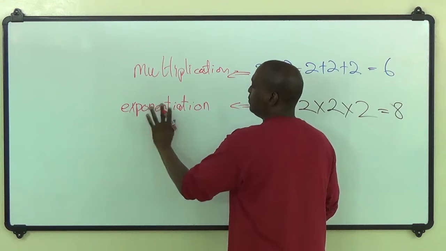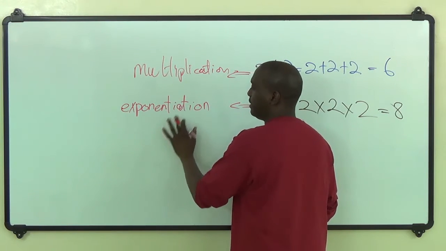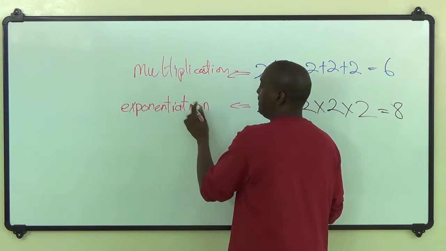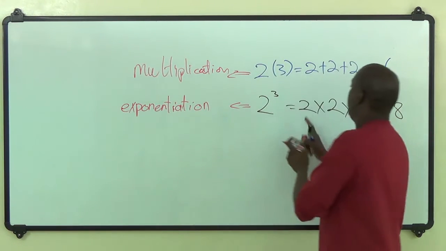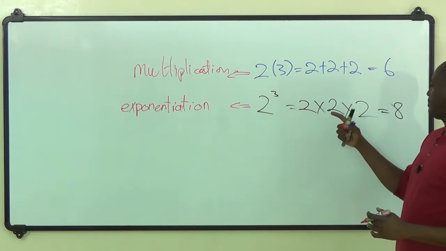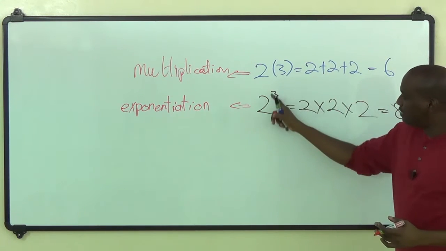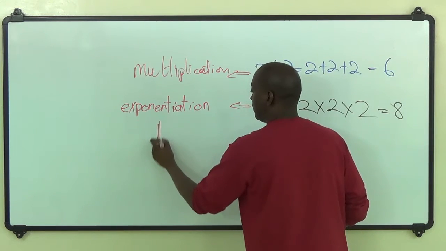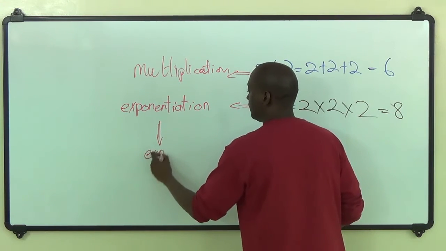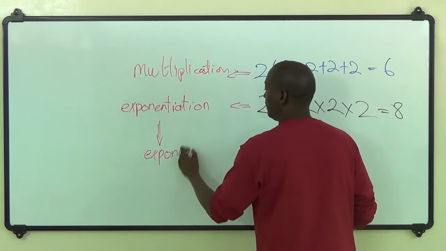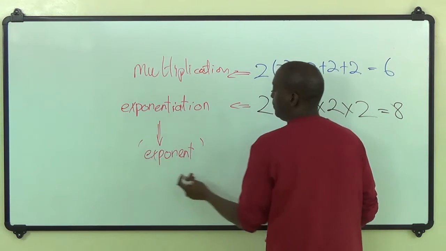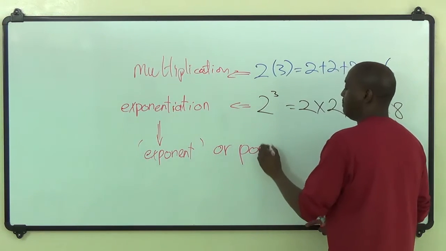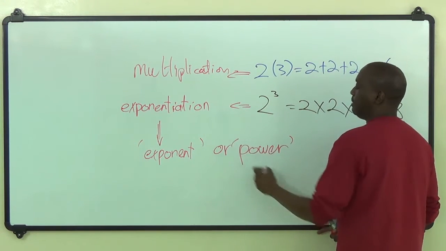Don't get too caught up with the vocabulary. It does mean that you're getting involved with exponents. So this word is derived from the word exponents, or power. In a mathematical sense, we're talking about powers.